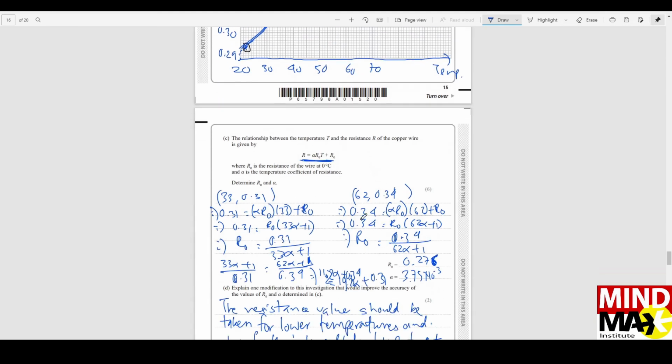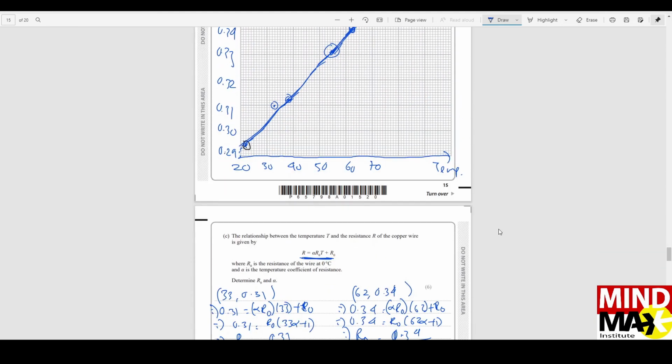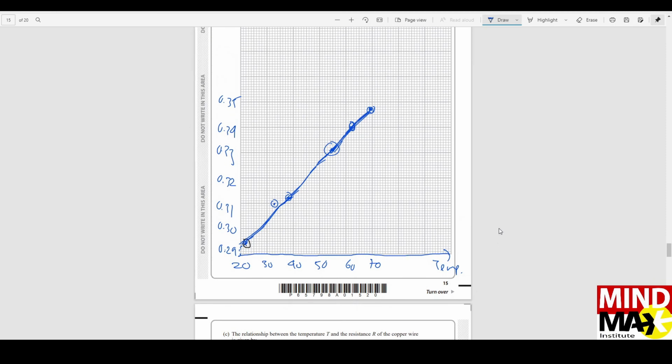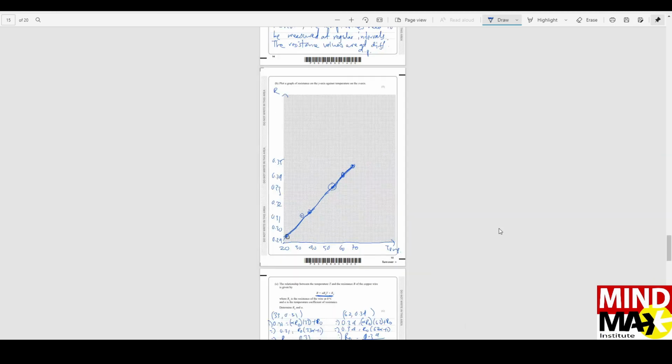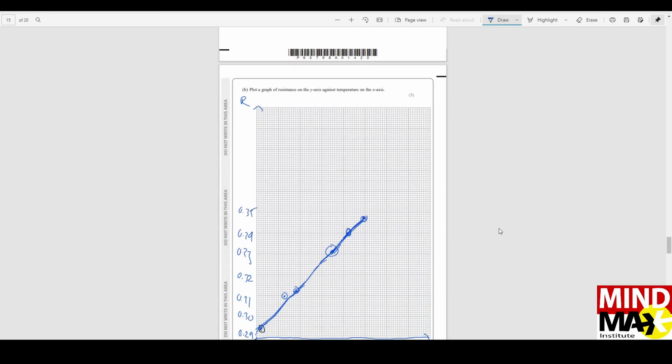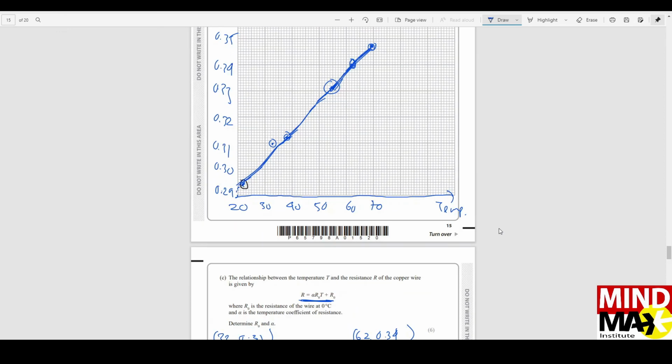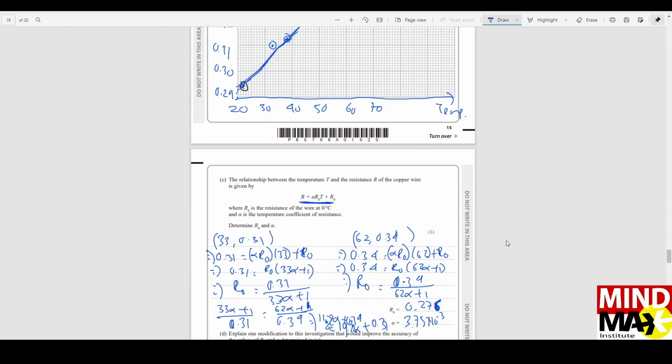Okay, you can take the one I did, or you can apply y equal to mx plus c to find from the graph directly. So for the graph, the y is R and the x is T. So if we alter this equation, y equal to mx plus c, the m is basically alpha R naught, c is R naught, and y is R, x is T. So the y-intercept will give you R naught and the gradient will give you alpha into R naught.